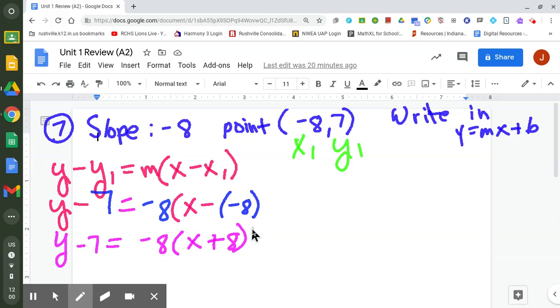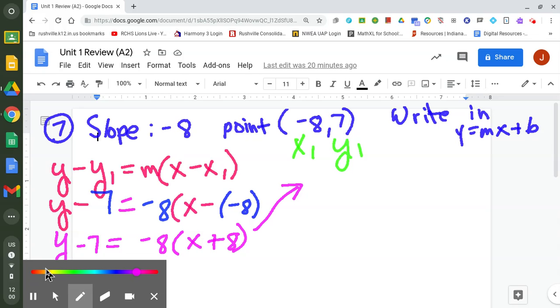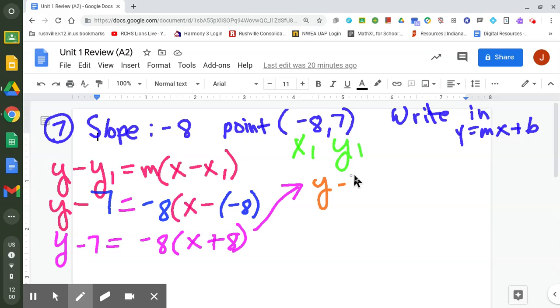And so I'm going to run out of room, and I need to finish up here. So then my next line will be y minus 7 equals, and then I've got my negative 8 times x, so negative 8x, and then my negative 8 times positive 8, negative 64, and I'm almost there.